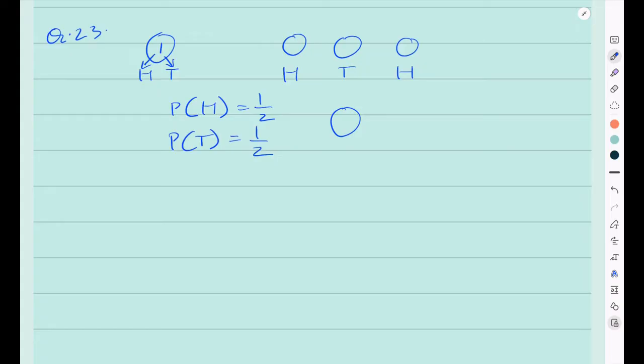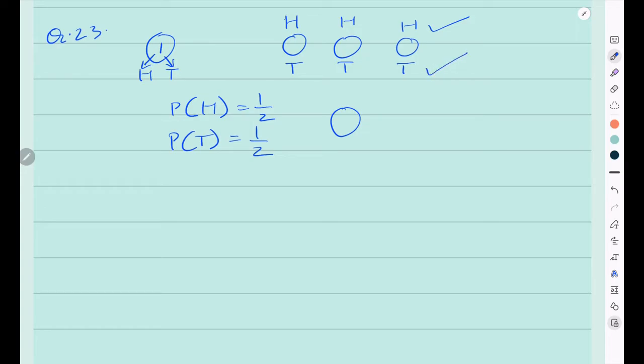The condition for Hanif to win is that out of all those 3 tosses, either they get all heads or they get all tails. So Hanif wins in this condition, Hanif also wins in this condition.